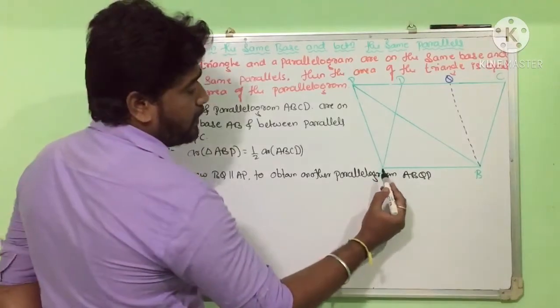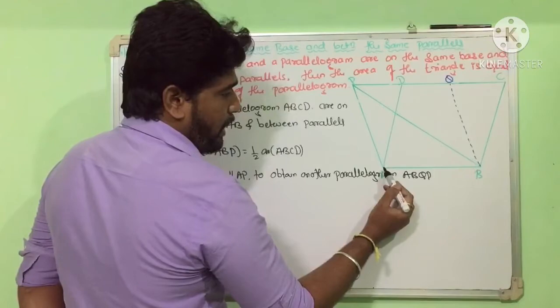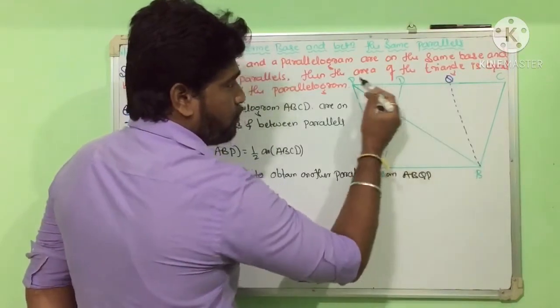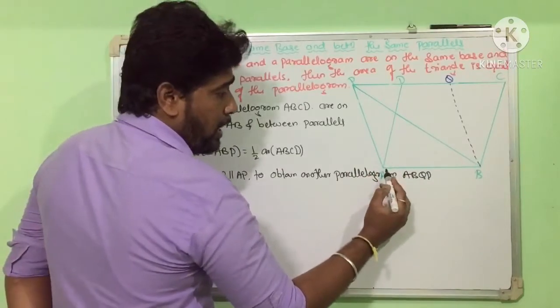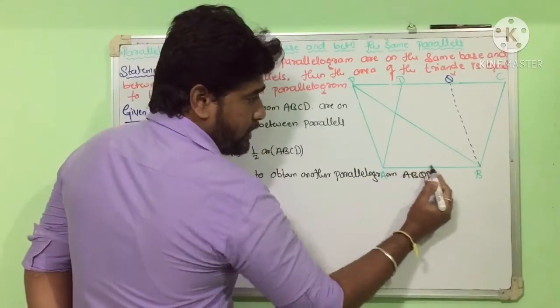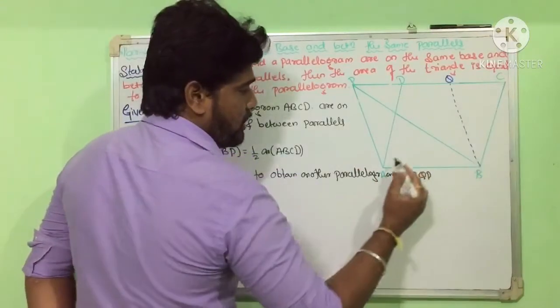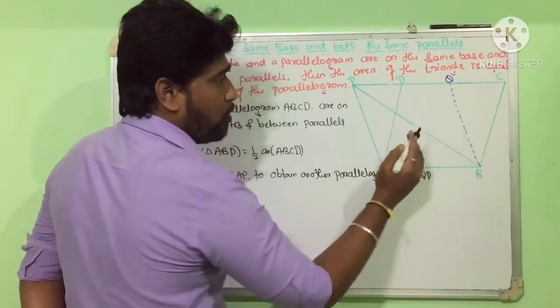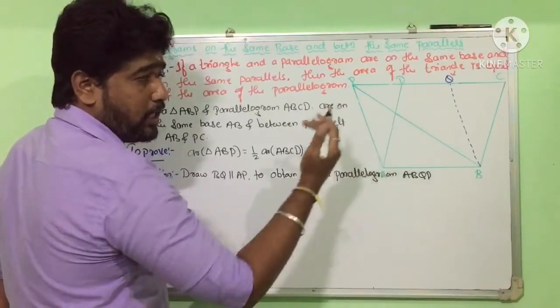So next, proof. See here, ABCD is a parallelogram and ABQP is a parallelogram. These two parallelograms are on the same base and between the same parallels AB and CB. So it means these two parallelograms' areas are equal.